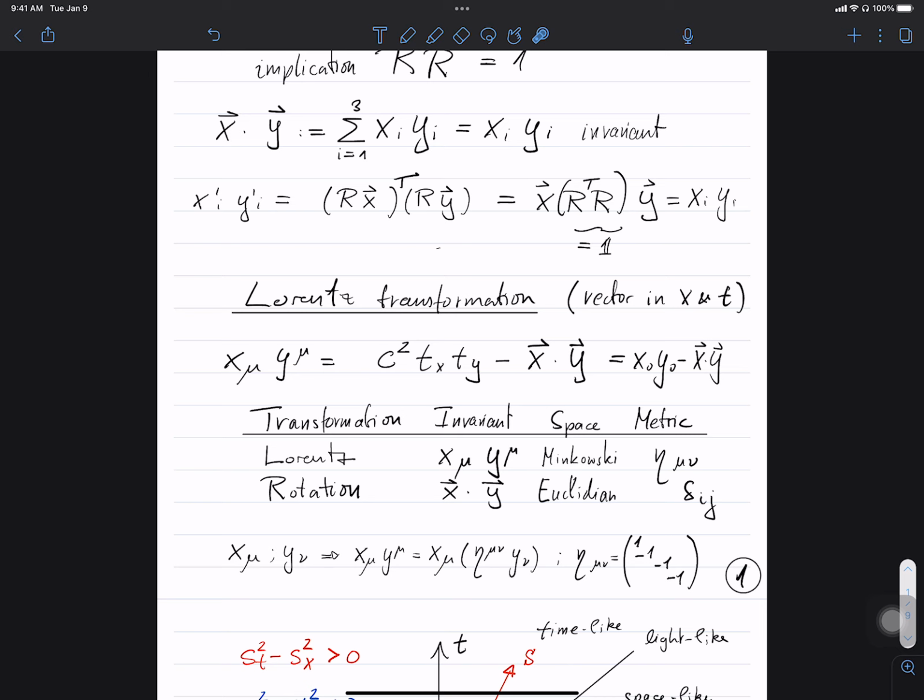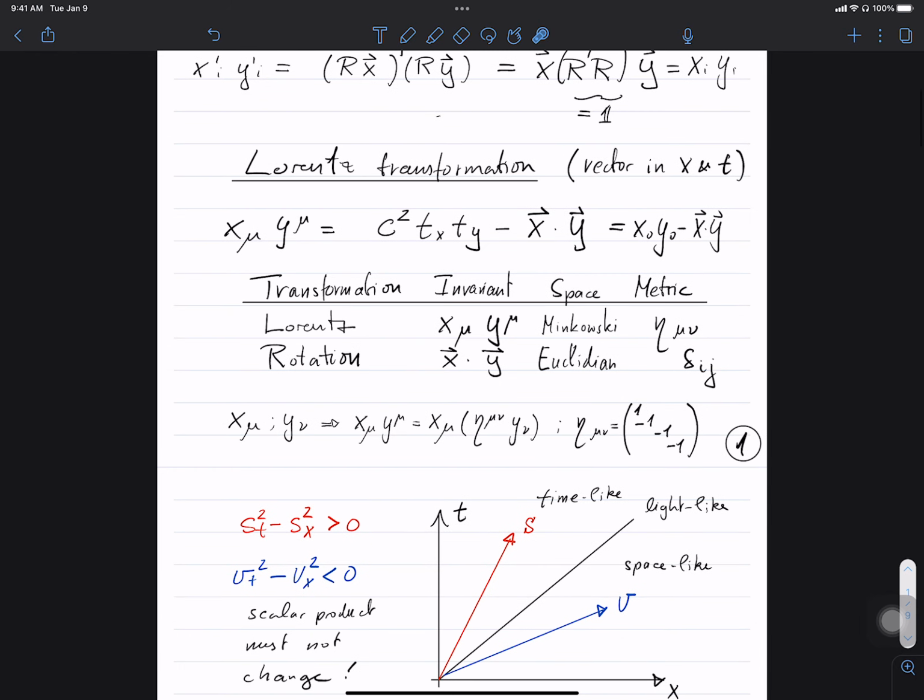Now, the next step to go to special relativity means that we have vectors in 4-space where we have x and t, and we do 4 sums here. As we discussed also yesterday, we have the summation over repeating indices, and here we have the metric, as I said, because we have a covariant and contravariant vector.